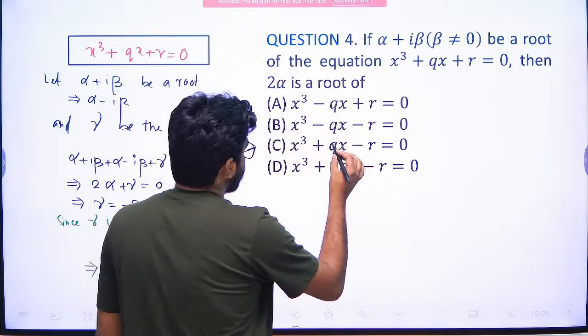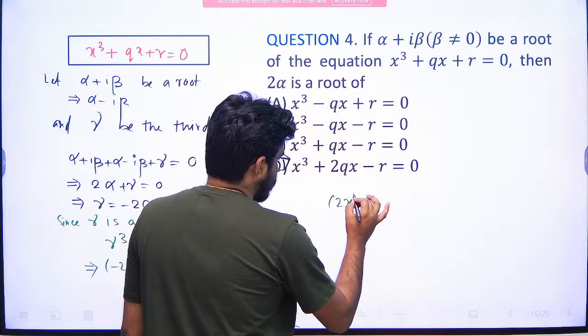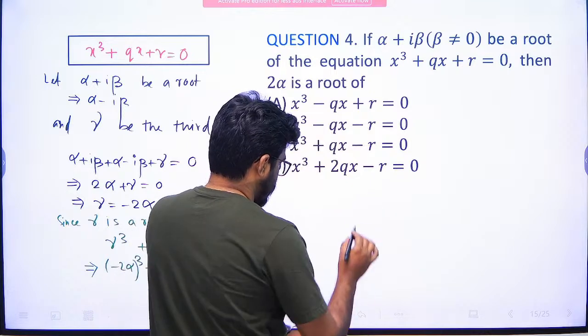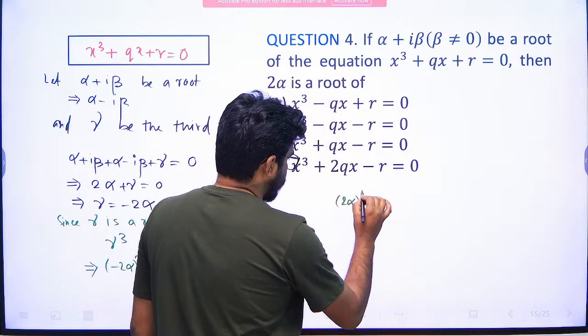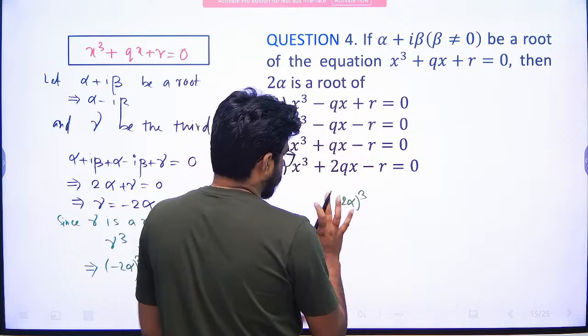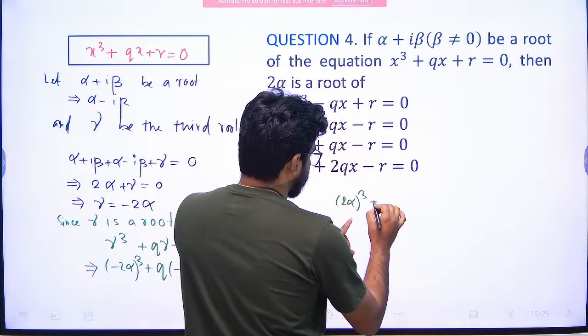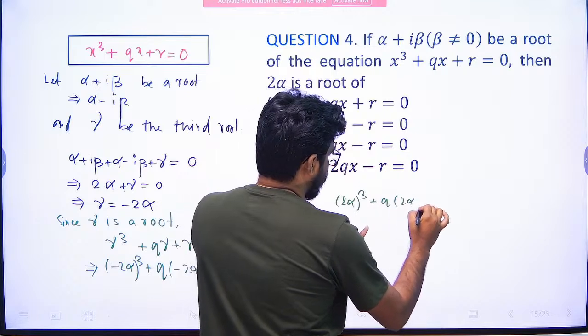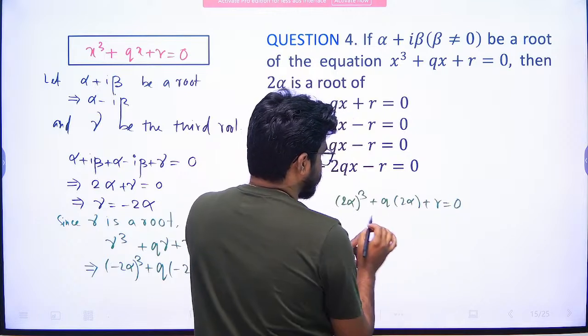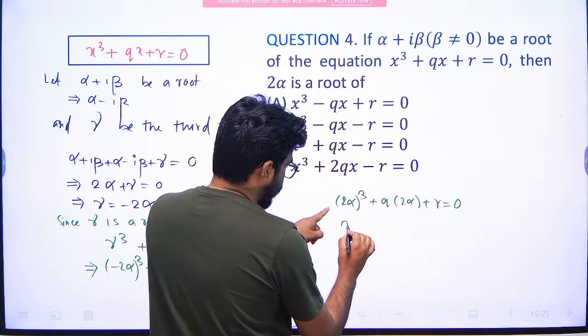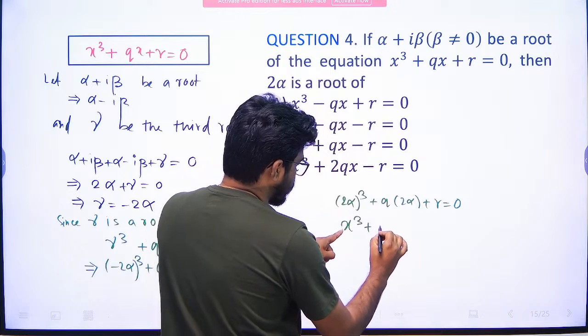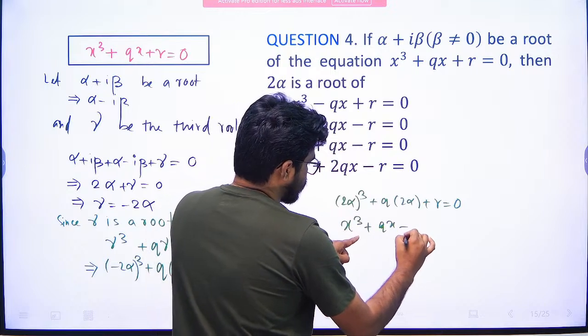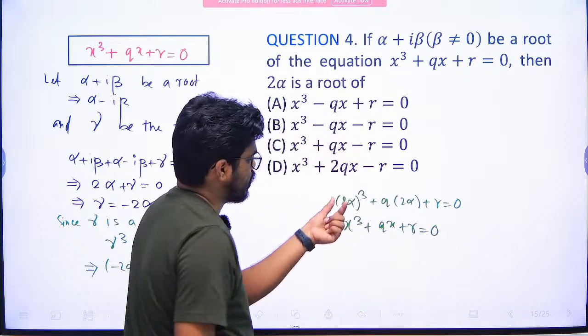Suppose I get it in this form, 2 alpha cube plus q into 2 alpha plus r is equal to 0. That means we can say that 2 alpha is a root of the equation x cube plus qx plus r is equal to 0.